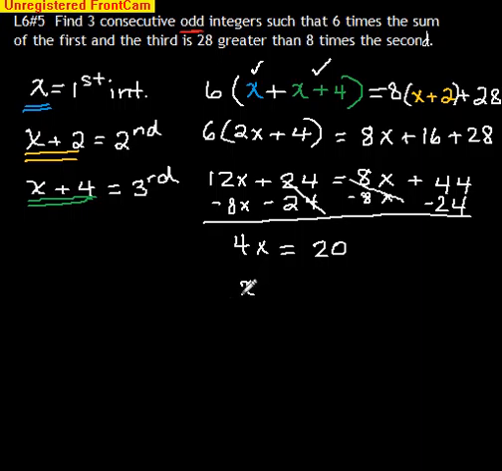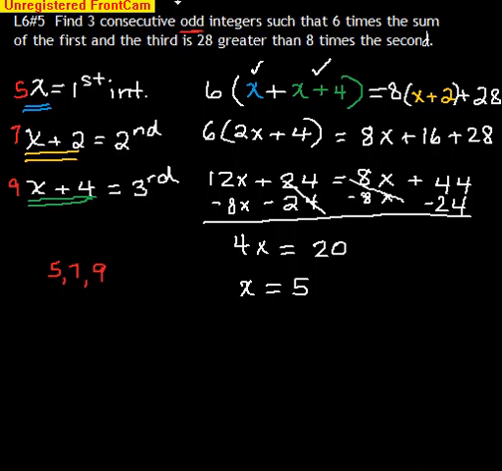So we get x equals 5. If you don't get an odd number, then you probably did something wrong. And then you go up. Our first integer is 5. Our next consecutive odd number would be 2 more, which is 7. Our next one would be 2 more than this, or 4 more than the first, which would be 9. So our answers are 5, 7, 9.